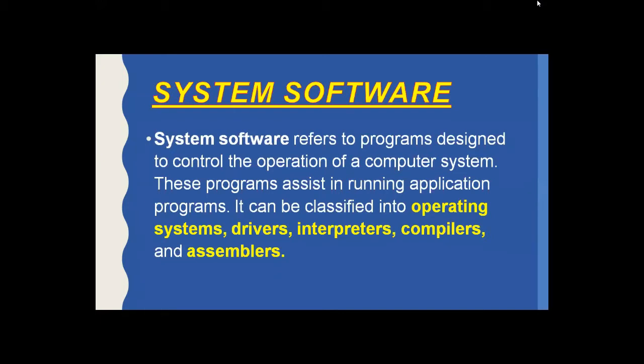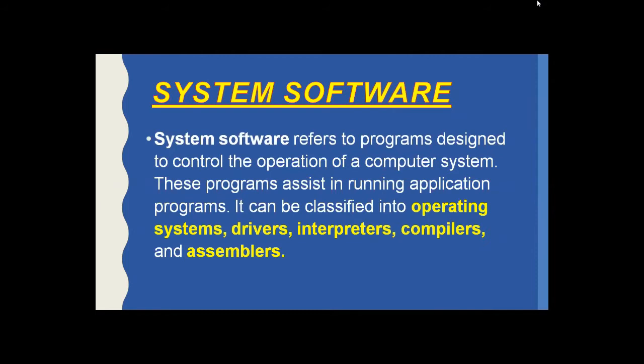It is a program that is designed to control the operation. It controls the operation of the computer system while running any application program. So the system software is further classified into operating systems, drivers, interpreters, compilers, and assembler.